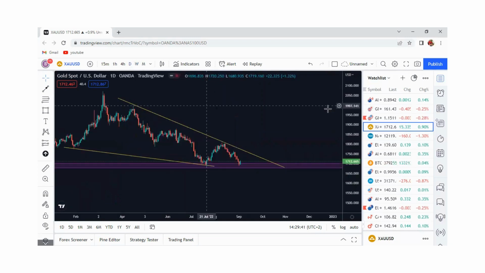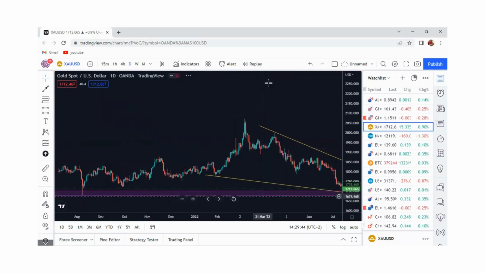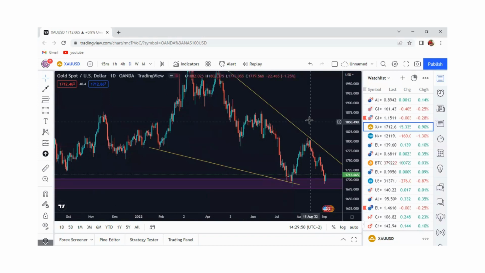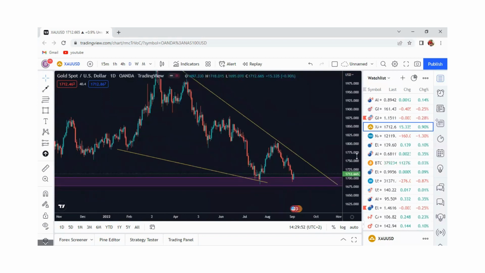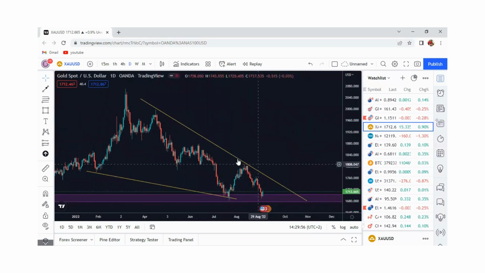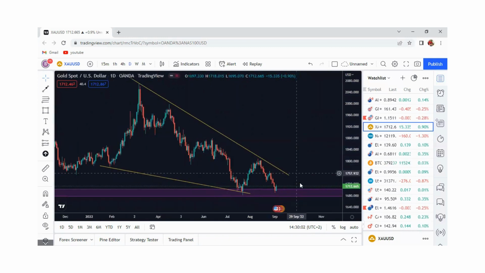So let's go down to the daily time frame. Let's put lines correctly. This is the daily time frame, guys.